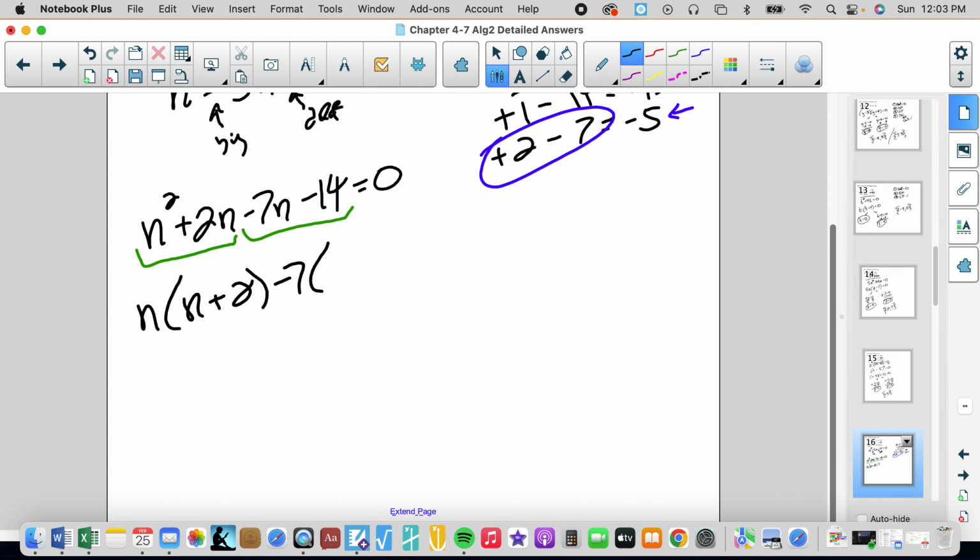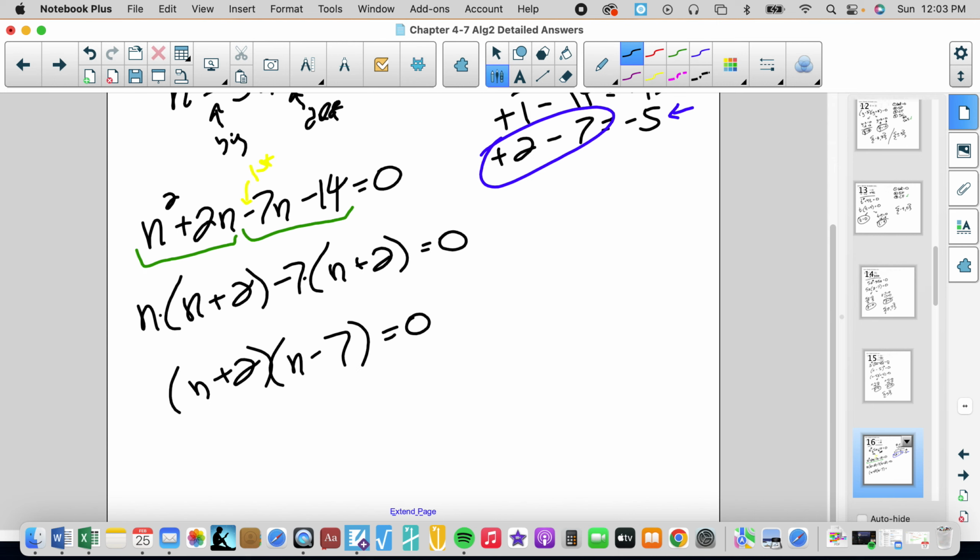We can factor out a negative 7. The first term is negative, so that's why we factored out a negative. So we know we did it correctly because you have n plus 2 in both of those parentheses multiplying. So we can factor it out and you get n minus 7.